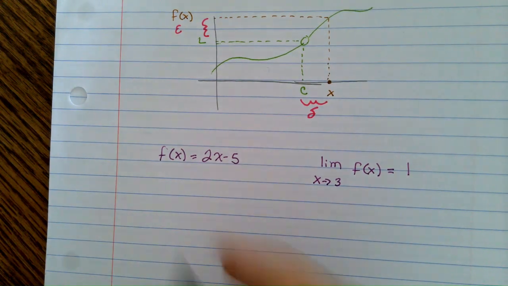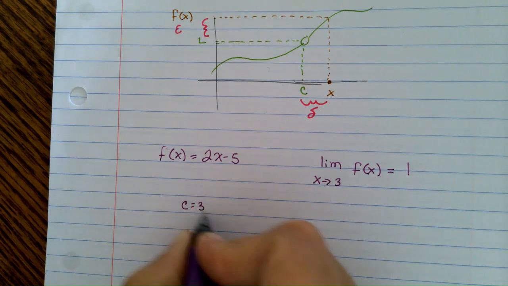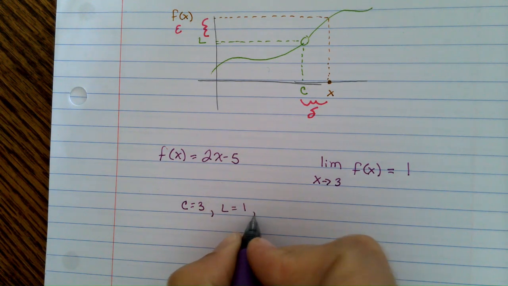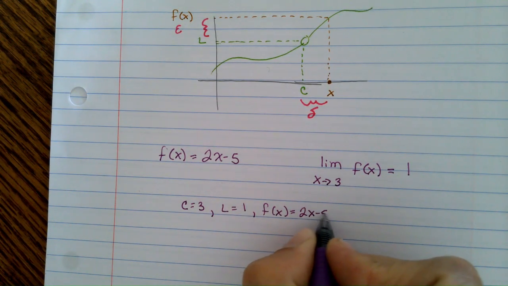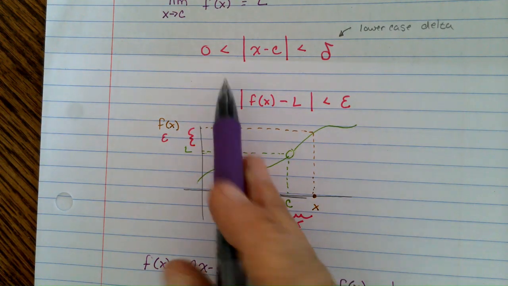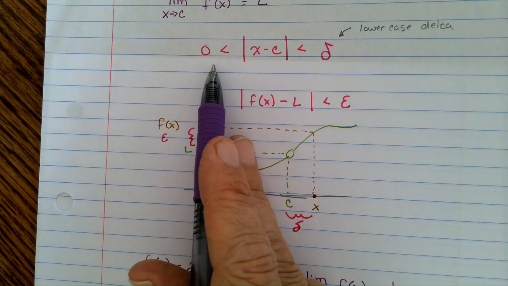So now we know c is 3, L is 1, and f of x is 2x minus 5. Now here's the deal. Because of the absolute value, do I really need the 0 here? No, I really don't, because the absolute value makes it positive anyways.